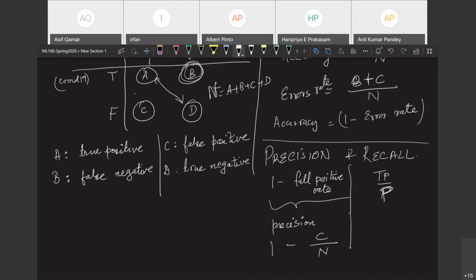So what is my false positive rate? It will be practically everybody, like everybody minus the true positive, right? I'm marking everybody as sick. Is that a good test? It is not a good test because it's not precise. It is not able to distinguish between people who have and don't have it. So precision means you have a low false positive rate.